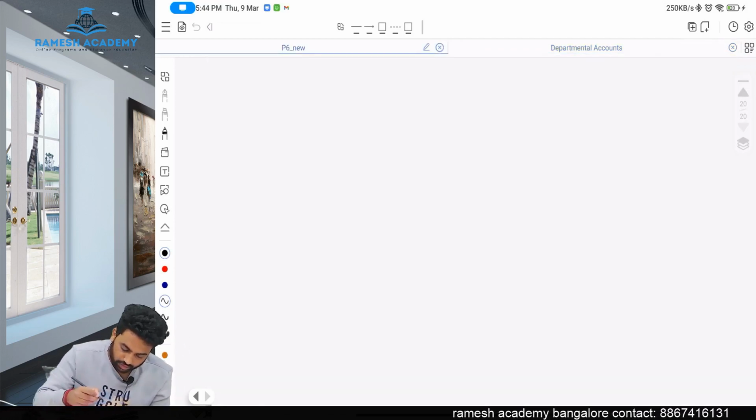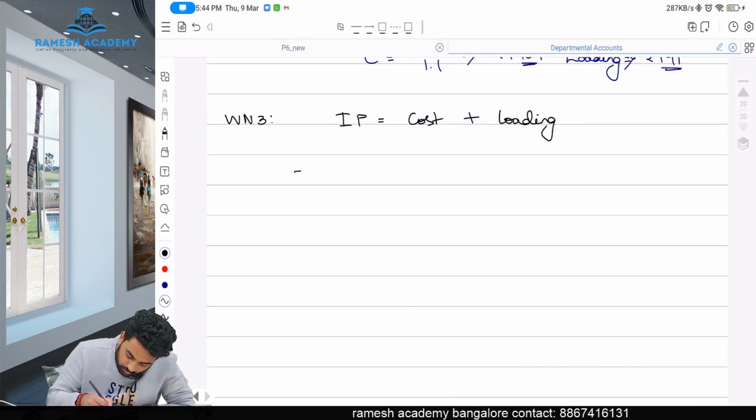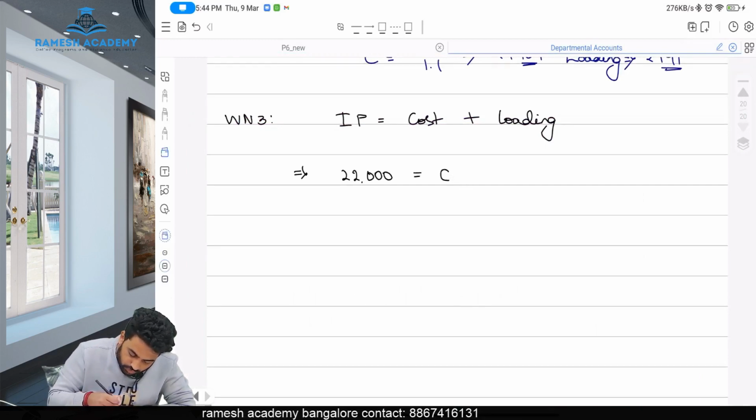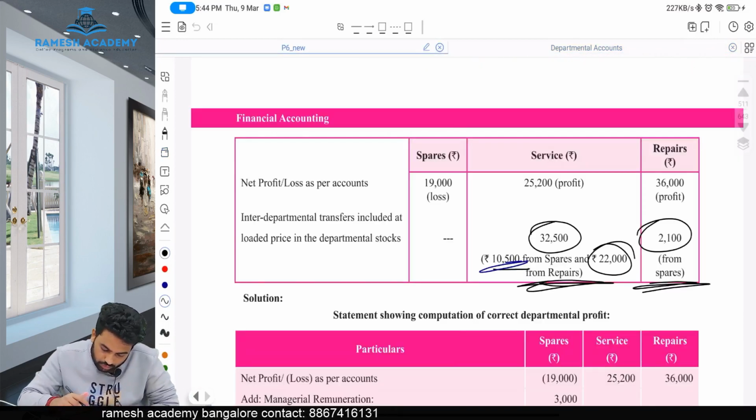The invoice price is 22,000. We don't know the cost, let it be C, plus the loading.